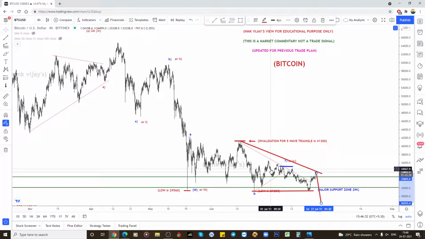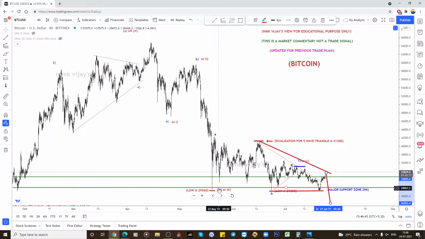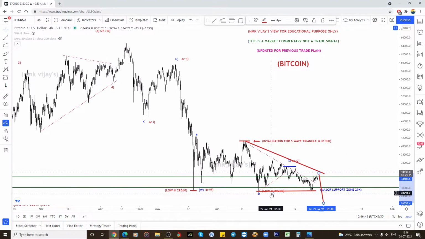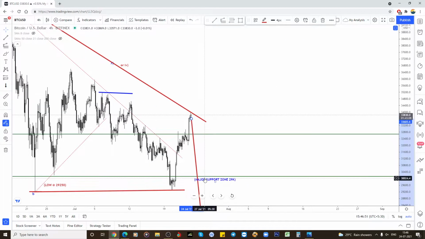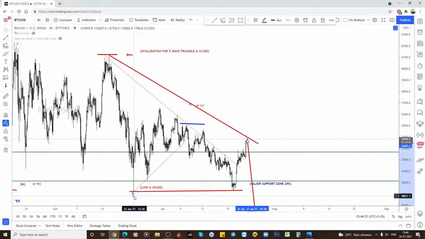I will allow the fourth wave, and even if it is a triangle, then only I consider making the stop loss and looking for the target, but I won't trade the fifth wave many times because it's already broken. So the example I need to show you is this 1, 2, 3, 4, 5. This is the end of the trend and we are on the bullish side because it didn't break this low.